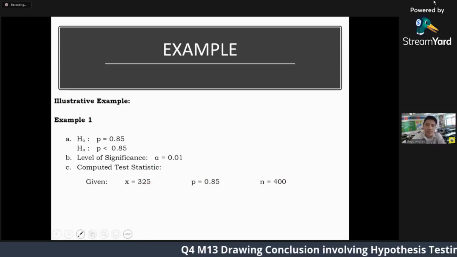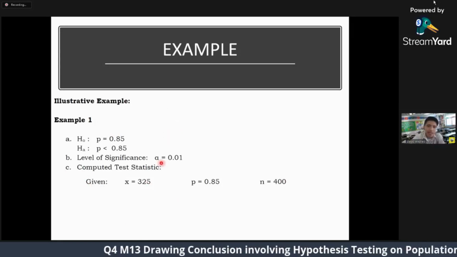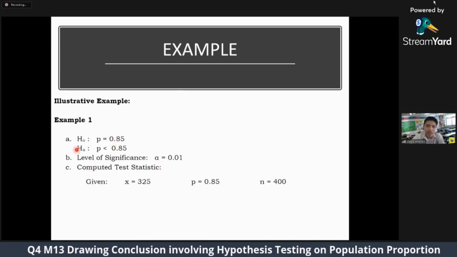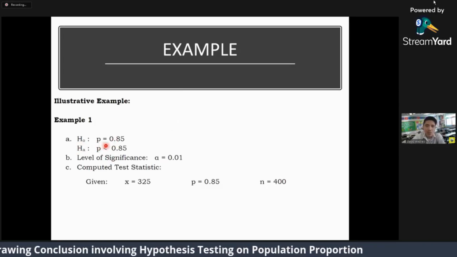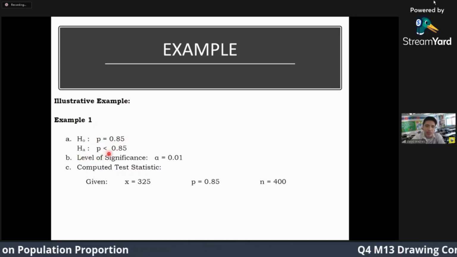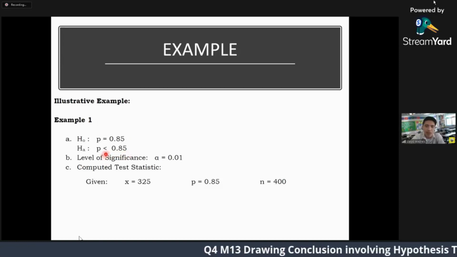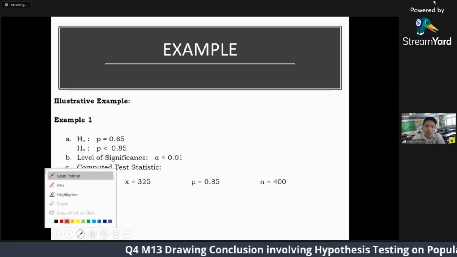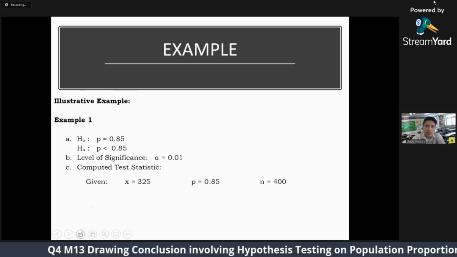Sa kaning example, presented na ang given. So, given nga null hypothesis na to is P is equals to 0.85. Alternative na to is P is less than 0.85. So, basically, from this pa lang, kabalo na ta nga kung asa nga test ang gamiton.